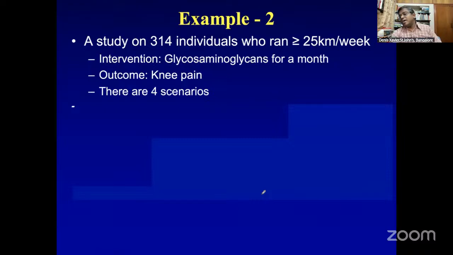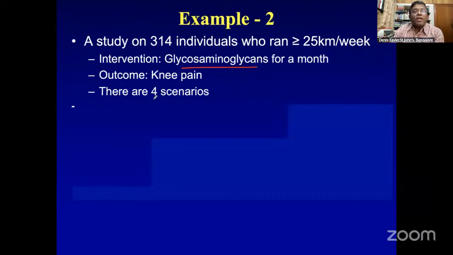Okay. Now let's go to another scenario. This is about 314 individuals who run more than 25 kilometers a week. So these are serious runners. And then some of them complain of knee pain and issues. So people said, okay, let's try glycosaminoglycans for a month.